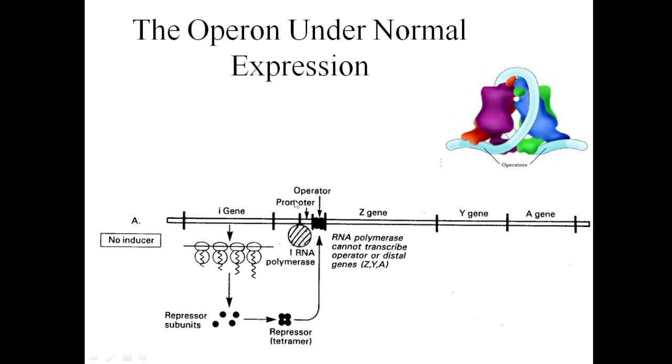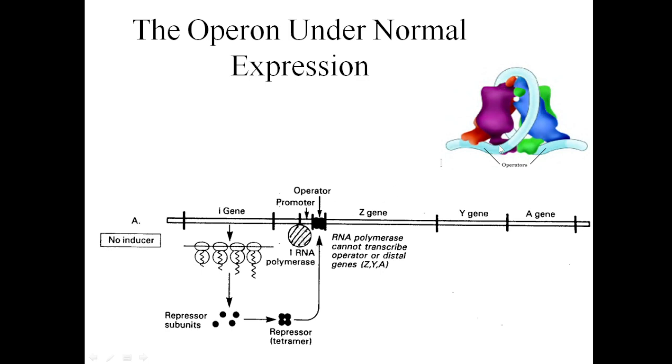When RNA polymerase binds the promoter, it can go ahead, but the state of the operator can influence its activity. If the operator is bound with a repressor protein, synthesis will be absent.